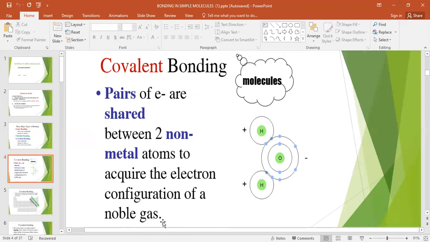That's why, if you need stability, you compare with the noble gas. So why two non-metals? They are going to form a chemical bond to get stability, or to get the electronic configuration like noble gases.